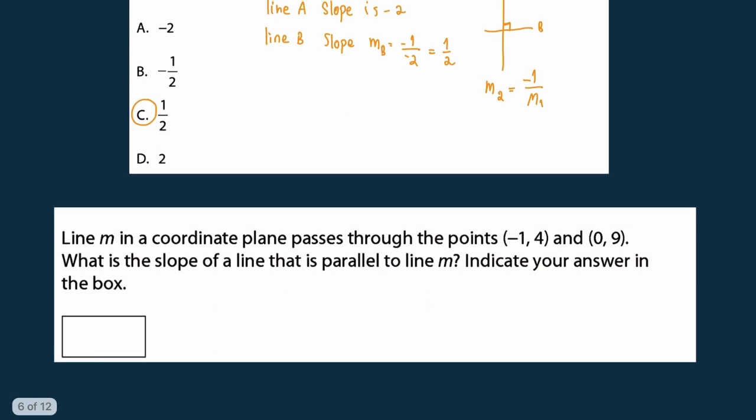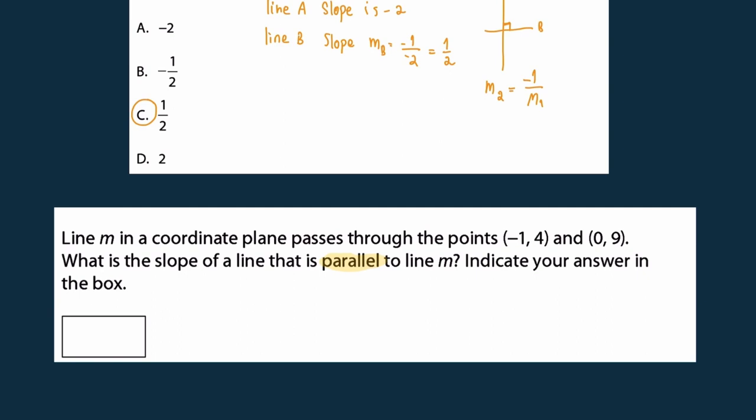And next, line M in the coordinate plane passes through the points (minus 1, 4) and (0, 9). What is the slope of the line parallel to line M? Parallel means they have the same slope.